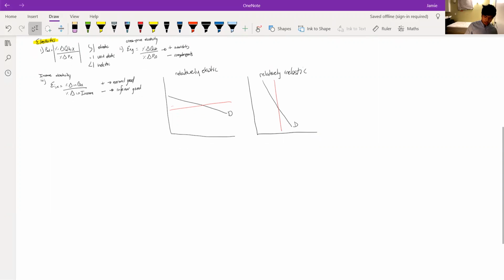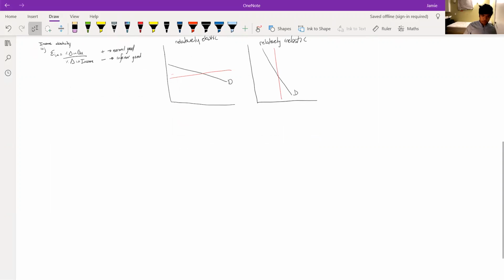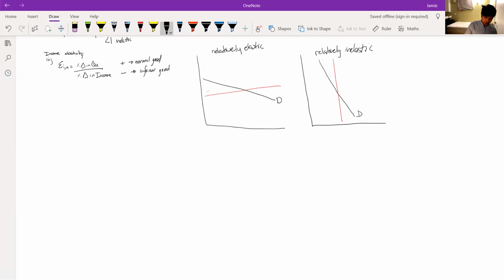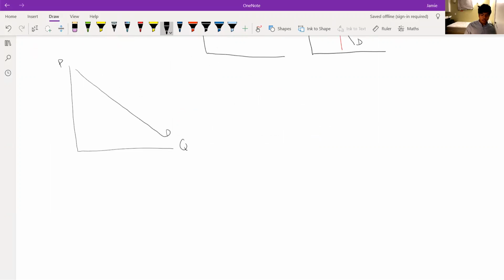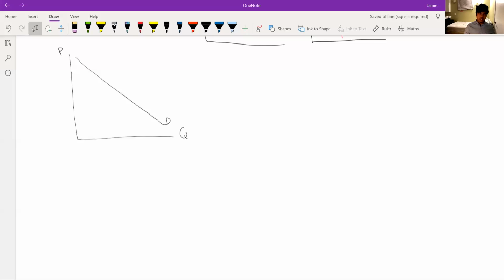The total revenue test is simply a test to determine if your demand is inelastic or elastic.